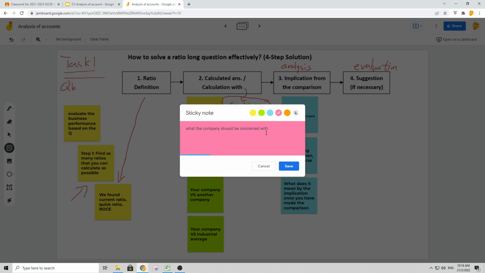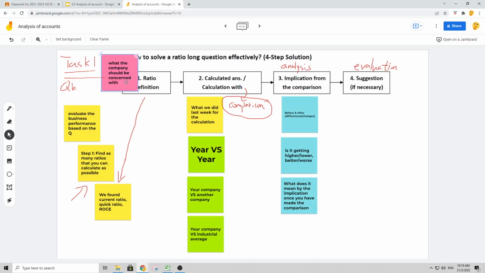Once you have seen the implication, what should they be concerned with? Should they be more concerned with the profitability, or more concerned with liquidity, something like that? And you can finish your evaluation just like that.